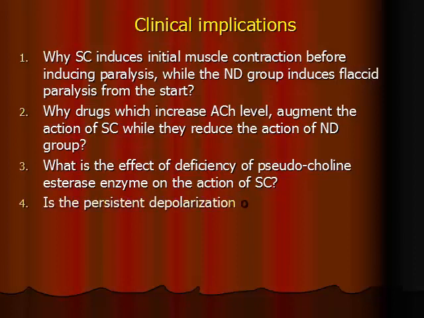Is the persistent depolarization of succinylcholine useful or harmful? The answer: the persistent depolarization induced by succinylcholine leads to prolonged opening of the sodium-potassium ion channels. Escape of the potassium from the skeletal muscle may be serious.